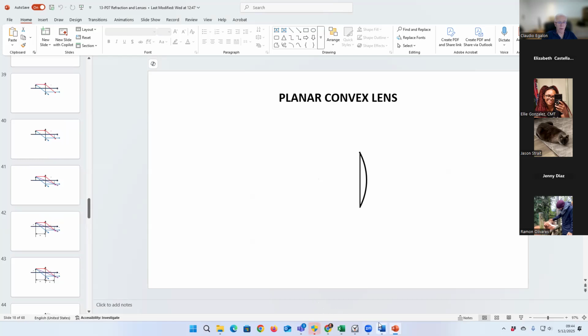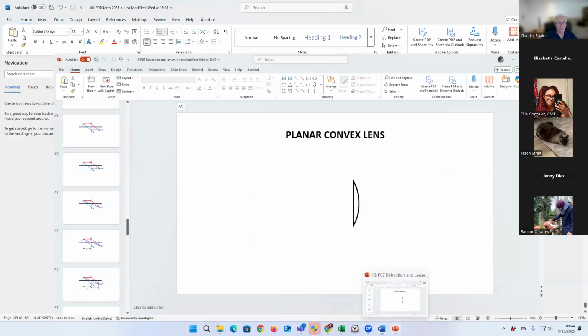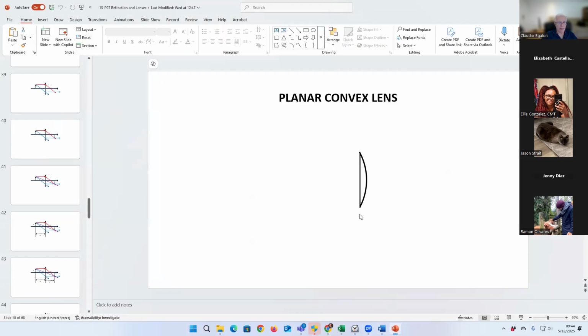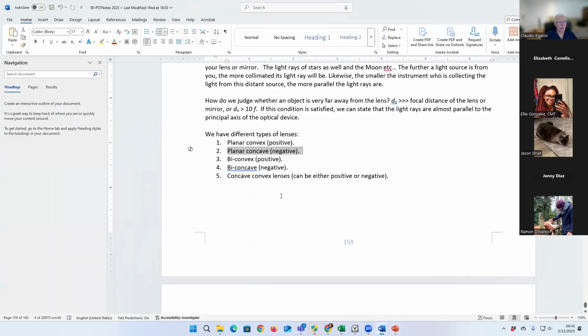You also have planar concave. It's going to be a negative lens. Planar, but now the concave is going to be like that. So planar concave, biconvex, biconcave.